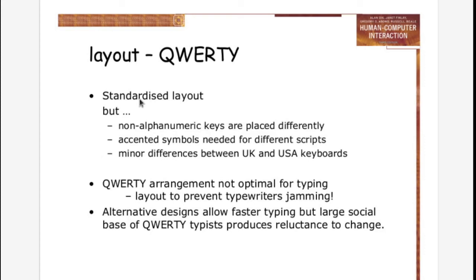So in reality, the QWERTY arrangement is not optimal for typing, because QWERTY comes from the typewriters. But actually, most people are experts in QWERTY. Nowadays, we are using these QWERTY keyboards.